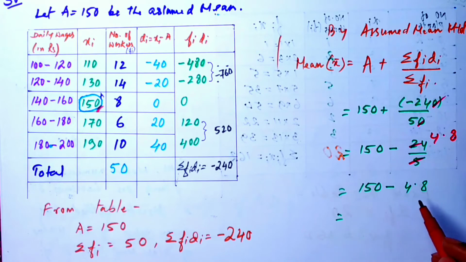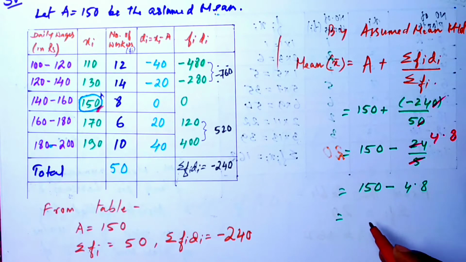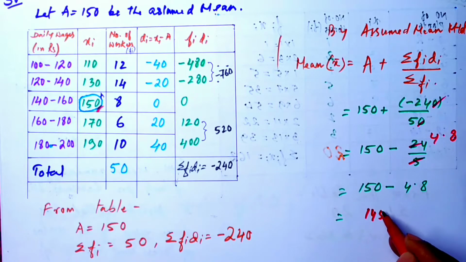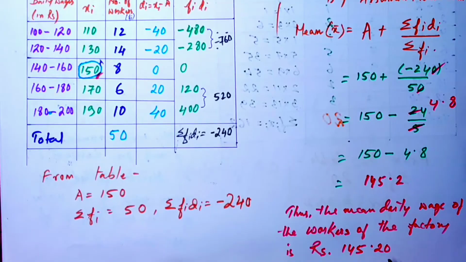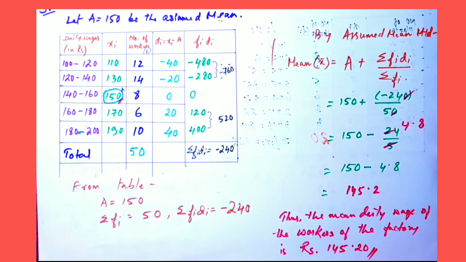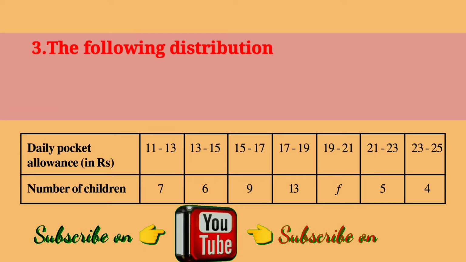So 150 minus 4.8 is 145.2. Therefore the mean daily wage of the workers of the factory is rupees 145.20. This is the answer. Now we have another question.